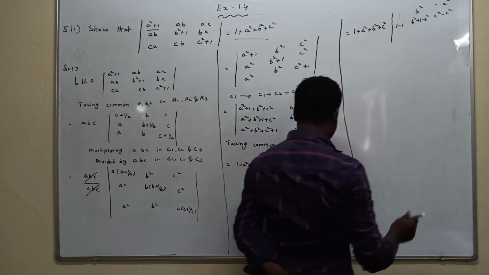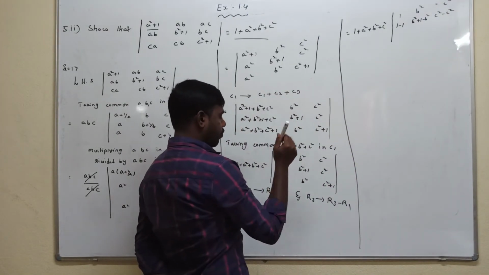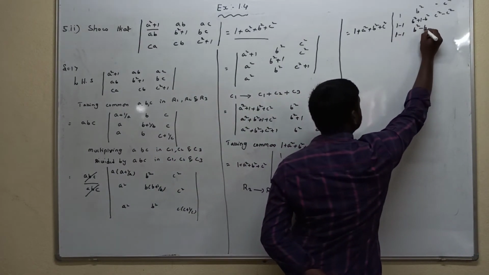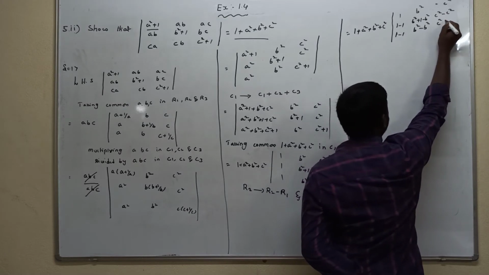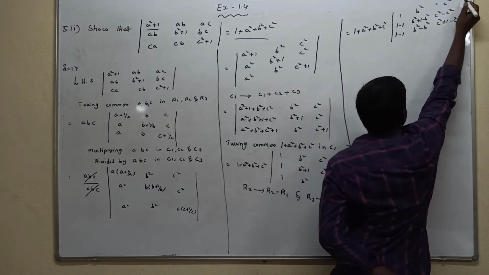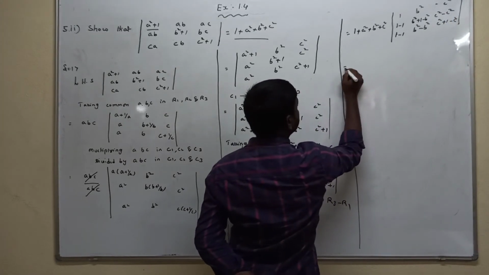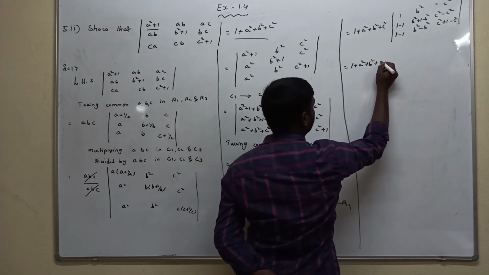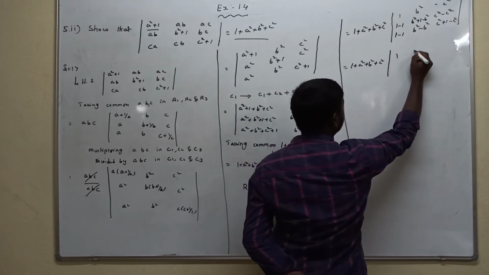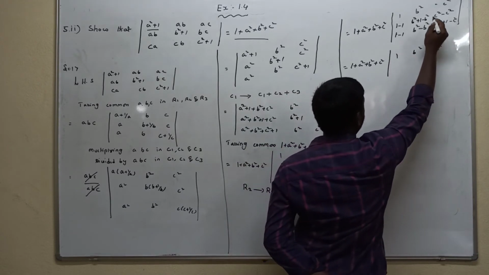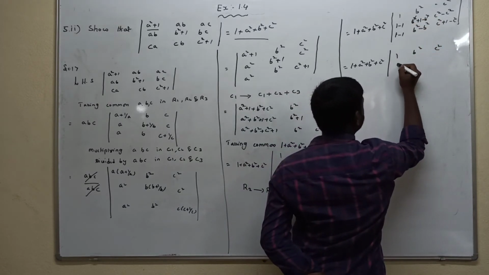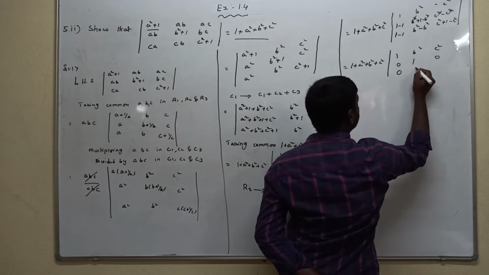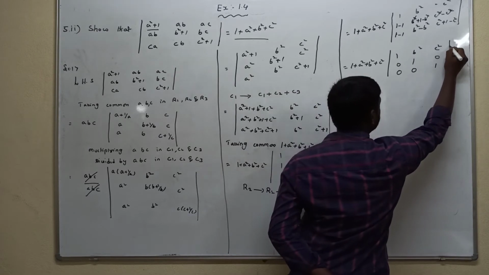R3 changes to R3 minus R1: 1 minus 1, B square minus B square, C square plus 1 minus C square. Now simplify this: 1, B square, C square, then B square minus B square cancels, so 0, 1, 0, and C square cancels, so 0, 0, 1.